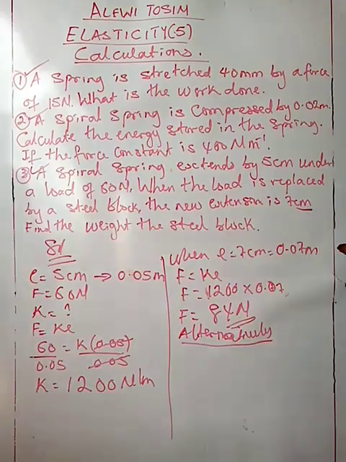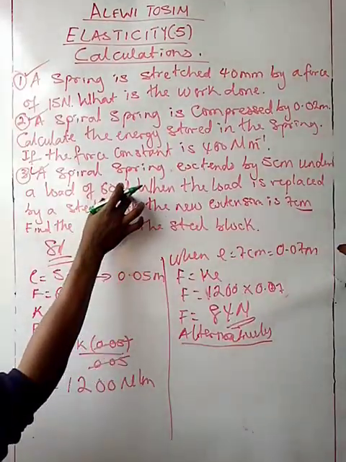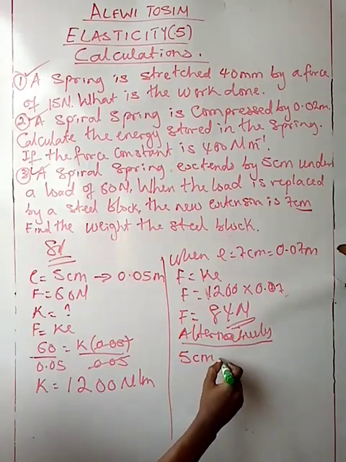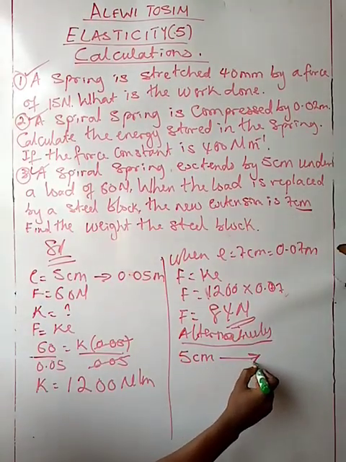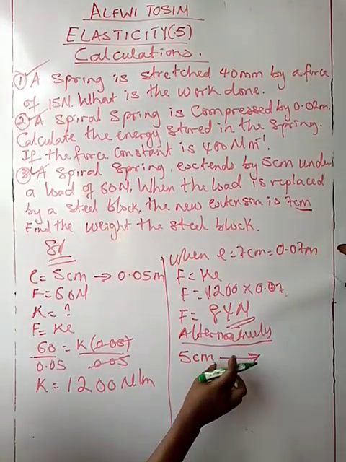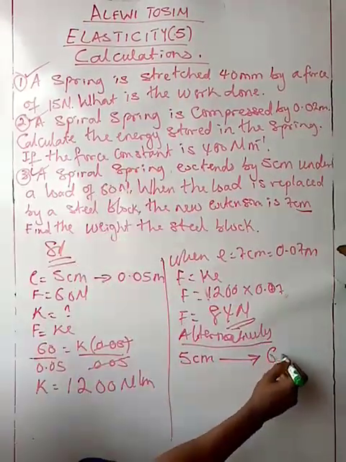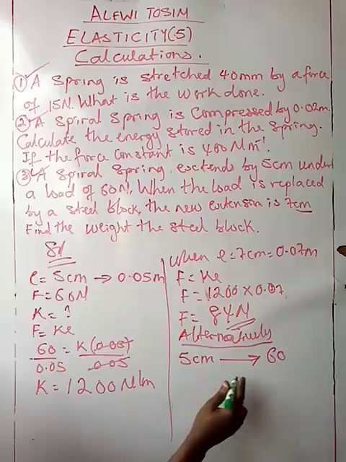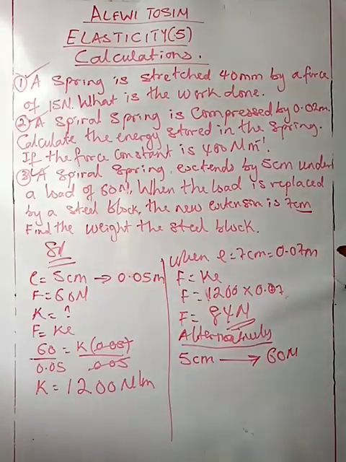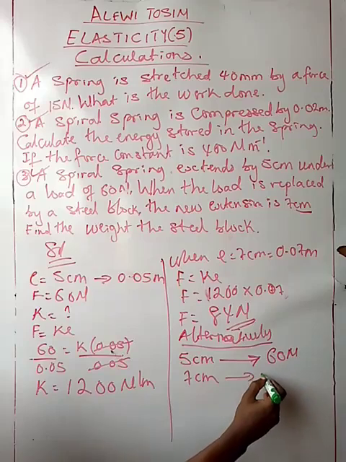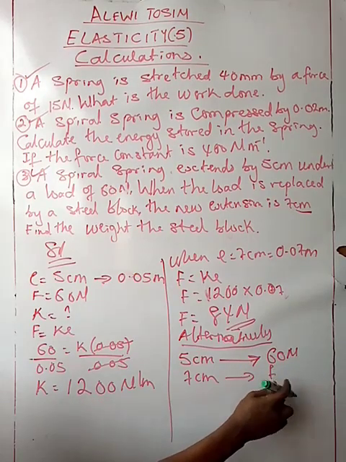If a 5 centimeter extension is produced by 60 Newton of force, we are now asked what kind of force a 7 centimeter extension will produce.